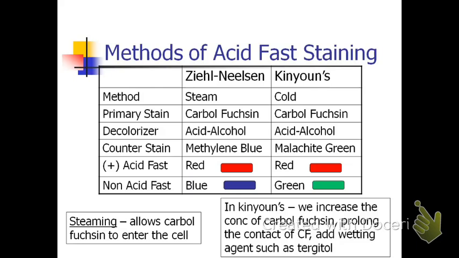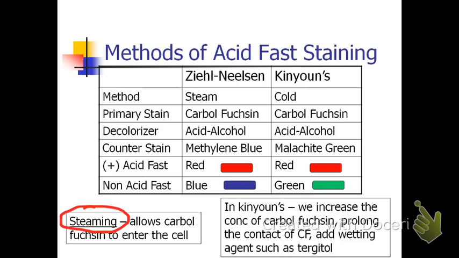Now, in terms of methodology, the Ziehl-Neelsen method utilizes steaming. Steaming is a very important process during staining of the acid-fast because the heat facilitates the penetration of carbolfuchsin into the cell wall of the mycobacterium. In Kinyoun's method, it is known as the cold method because there's no steaming.